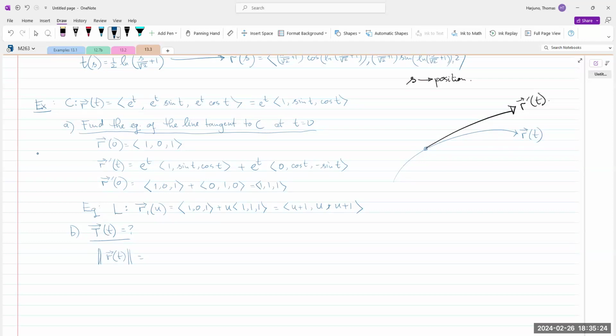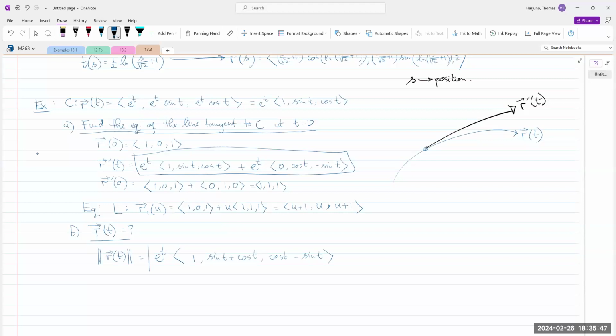The nice thing is we already have the e to the t, right? If I combine the factors, I will get (1, sine t plus cosine t, cosine t minus sine t).